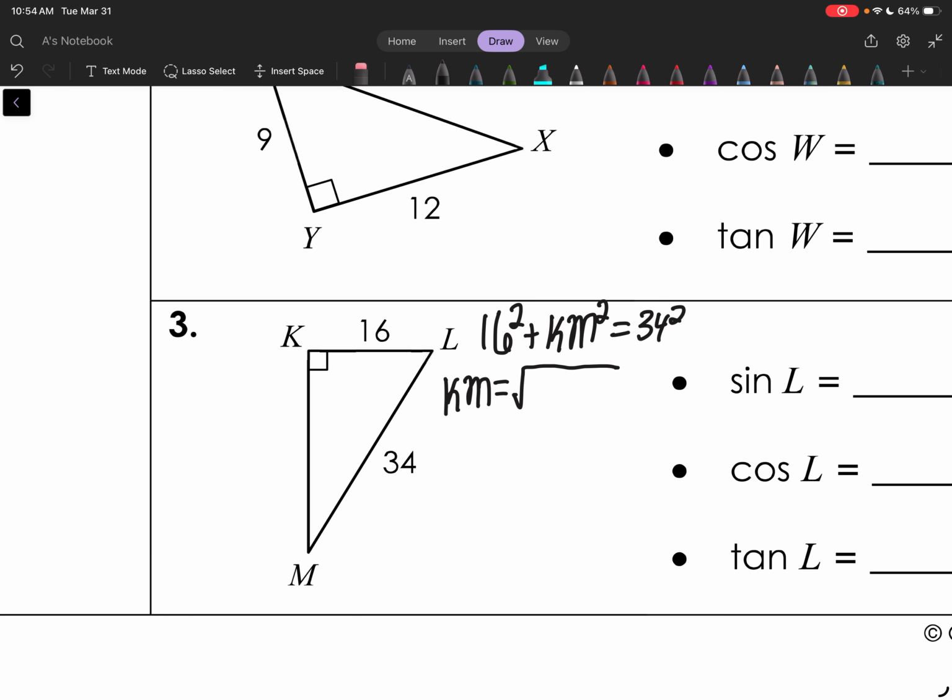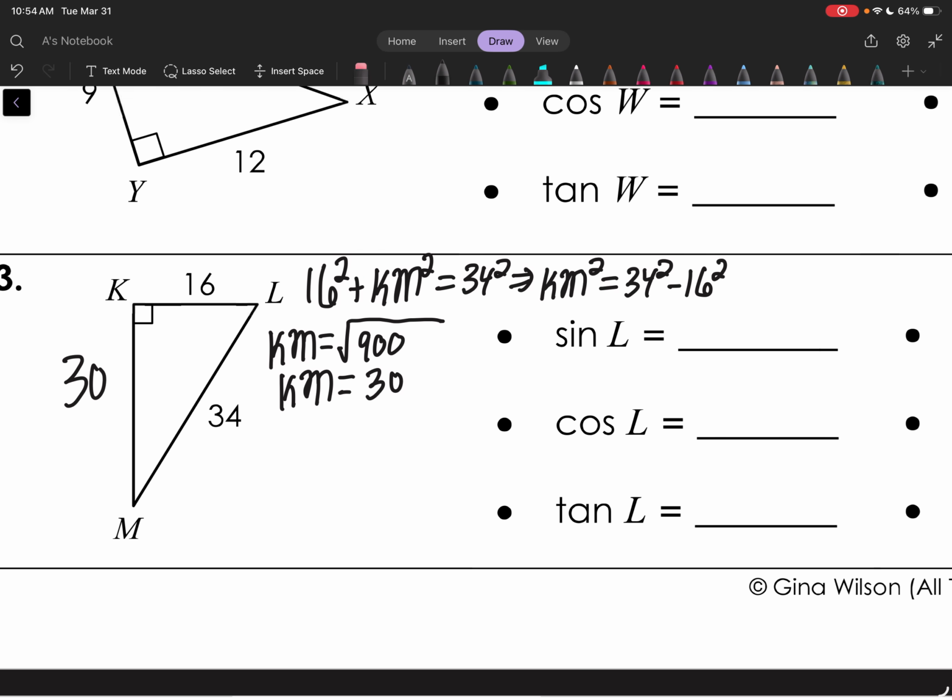That's going to be 900. KM is equal to 30. The step I didn't write, KM squared is equal to 34 squared minus 16 squared, if you're solving it by hand. I didn't write that, probably should have, but KM is 30. That's the main thing you need to know.